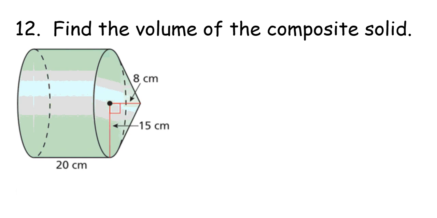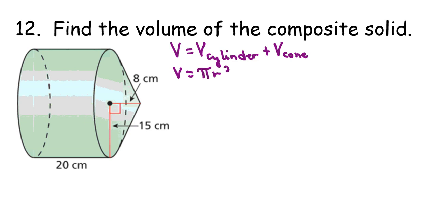Number 12, find the volume of the composite solid. So there's a cylinder and a cone put together. So the total volume should be volume of the cylinder plus volume of the cone. So let's write some formulas down for those two. Cylinder would be area of the base times the height, and the base is a circle, so pi r squared times h.